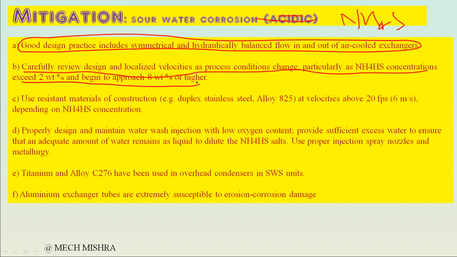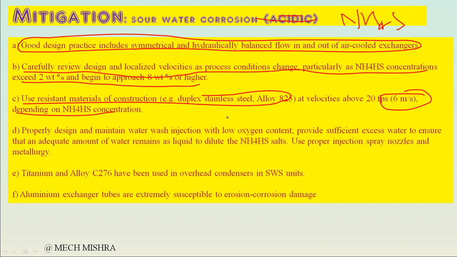That area we have to avoid by design itself. Then C is the use of resistant materials of construction. We have seen various metallurgies which are better than carbon steel. So we have to review and use duplex alloy 825 at velocities above 6 meters per second, depending on the NH4HS concentration. We have to calculate this.